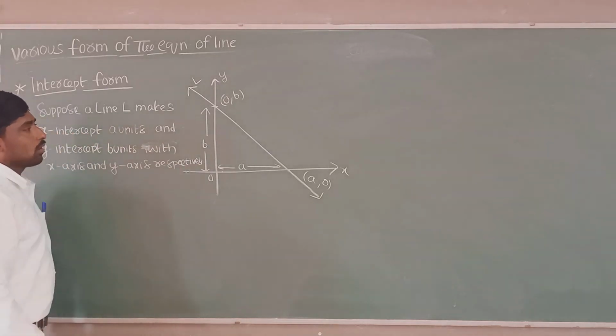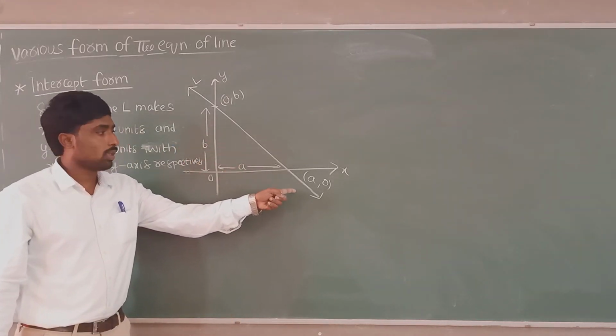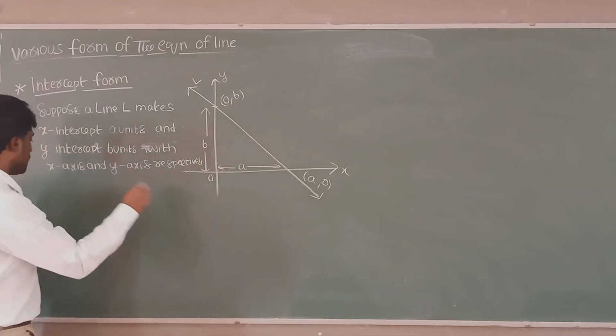Okay, then if a line cuts the x-axis, the coordinates of this point are (a, 0).